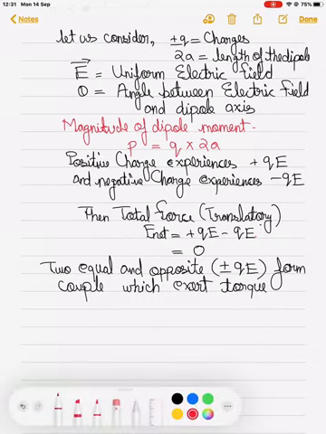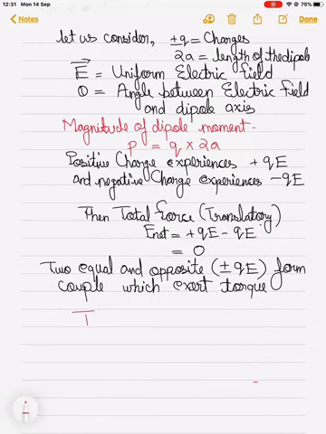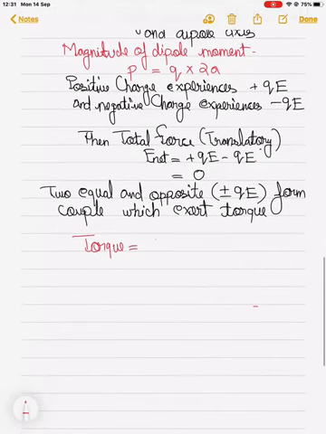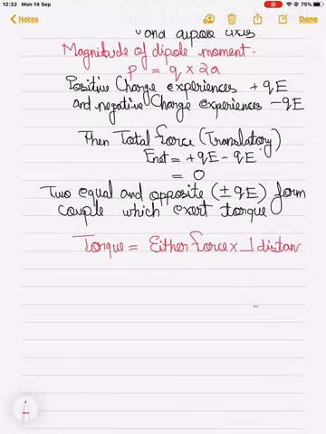And what is the formula for torque? We have the expression for torque is equal to either force, means you have to consider any one of the forces because both of them are equal, so either force into the perpendicular distance between the two forces.